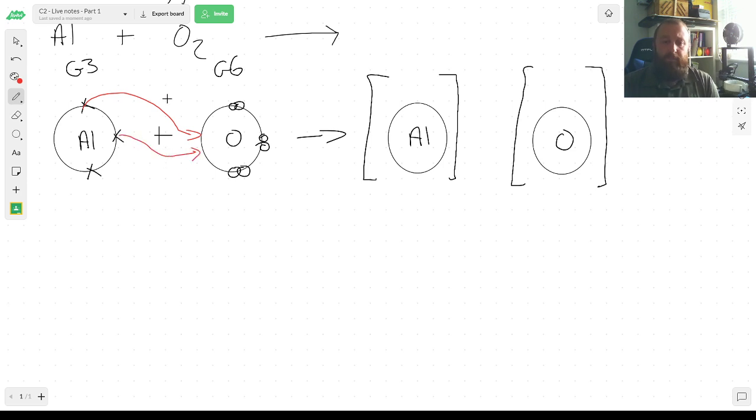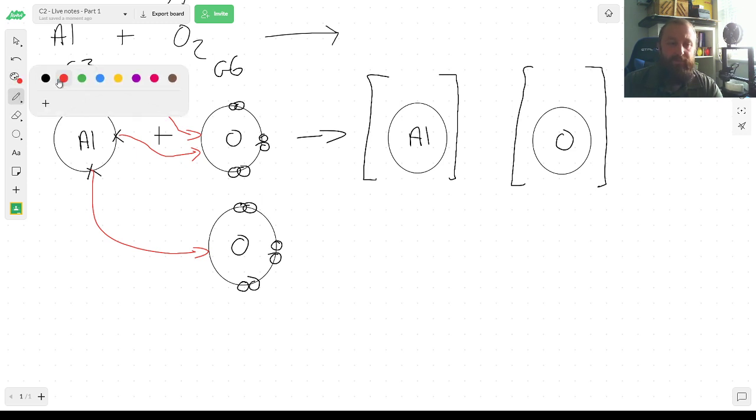So straight away, I've filled the oxygen, but I've got 1 electron left. So in the same way as we've done before, I'm going to need another oxygen. So let's put another oxygen in here. Now, that electron goes in there, but this electron doesn't have a full outer shell yet. So I'm going to keep things simple.